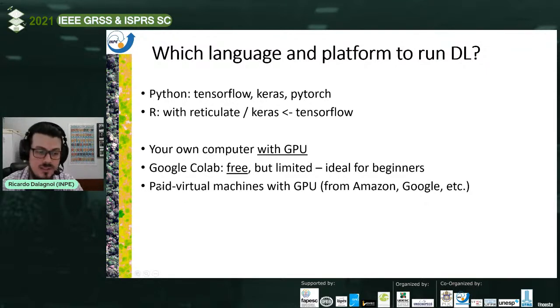And the last option, which is a very attractive choice for more operational applications, is to use a paid virtual machine. So you pay Google or Amazon to use their virtual machines that have environments with a GPU dedicated for you to run this.